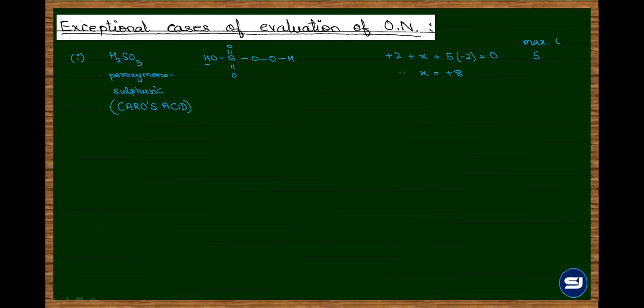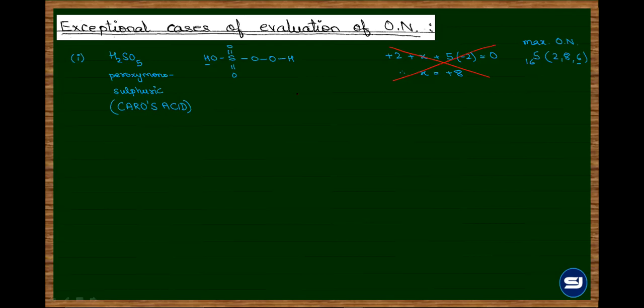I told you last time. It can be 6 only, because 16 is the atomic number with the configuration 2, 8, 6. Sulfur cannot have an oxidation state above 6. This means this calculation of oxidation number is wrong.